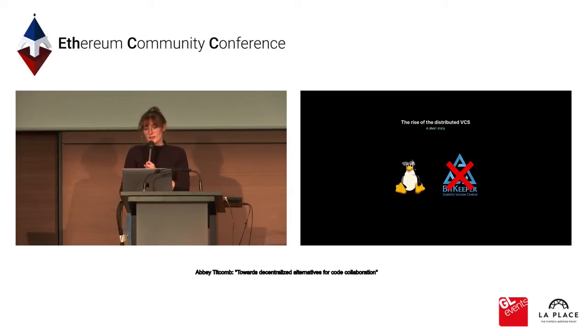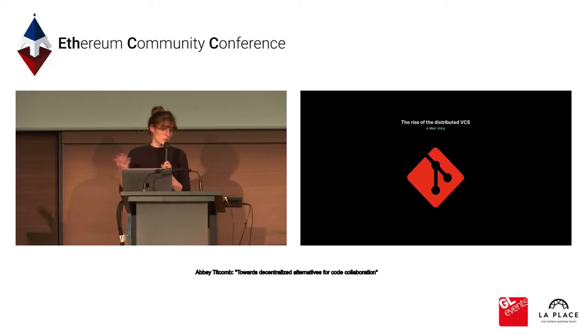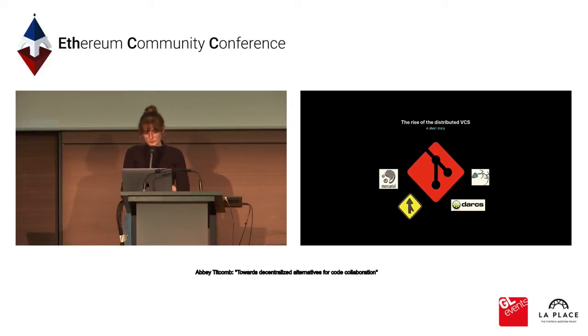And through that situation, Git was born, right? Linus then developed Git, which is the distributed version control system that is the de facto foundation for code collaboration, developed by Linus specifically for the Linux kernel community. With the development of Git, we saw, specifically from 2005 to 2008, the rise of a bunch of other distributed version controls.